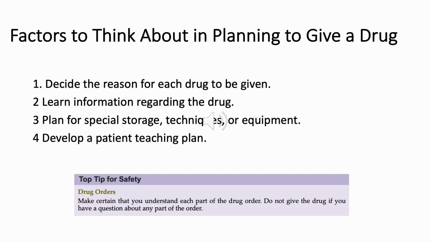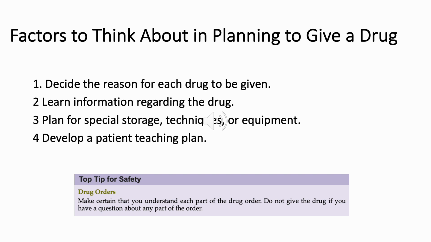As you develop your plan, be sure to use the data you gathered in the assessment and your knowledge about the drug. You will use this information as you prepare to implement your plan. Whether to give the drug will depend on your assessment, your knowledge, and your professional judgment.